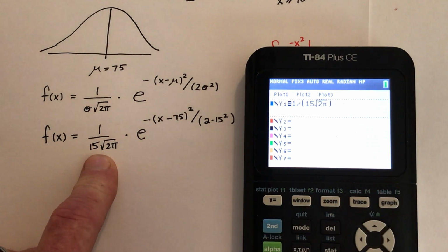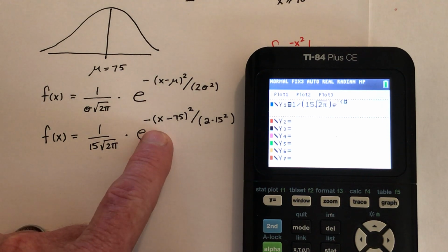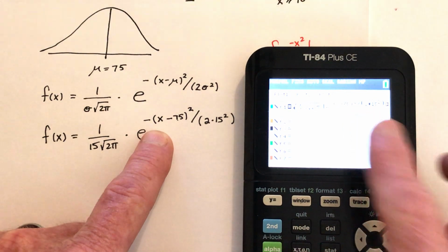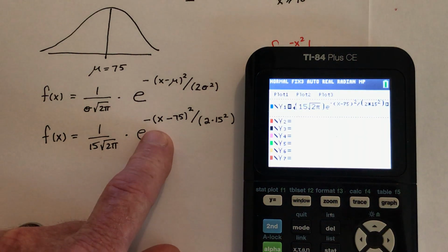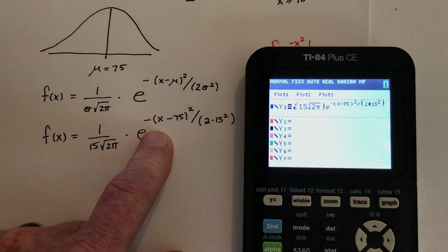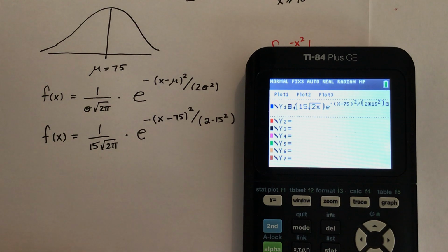And then we need the e function, and then it's got negative x minus 75, and then that's squared, and then it's divided by 2 times 15 squared. And all of this is in the exponent of the e function.